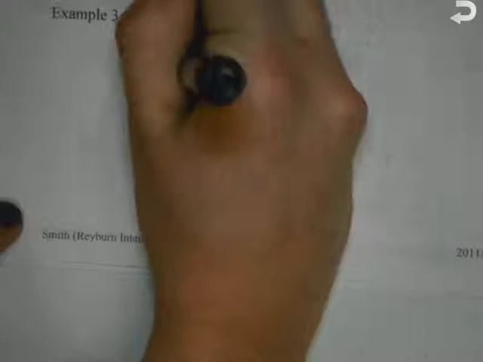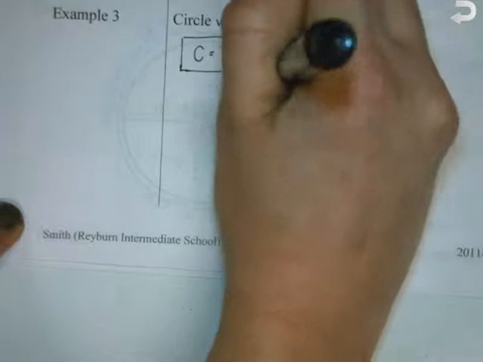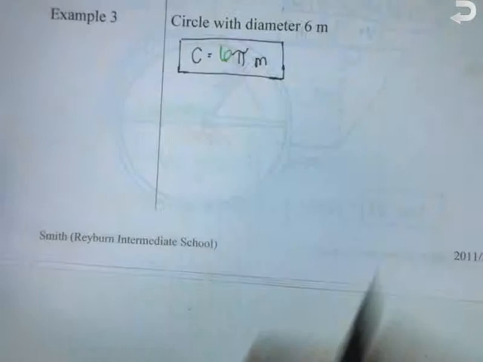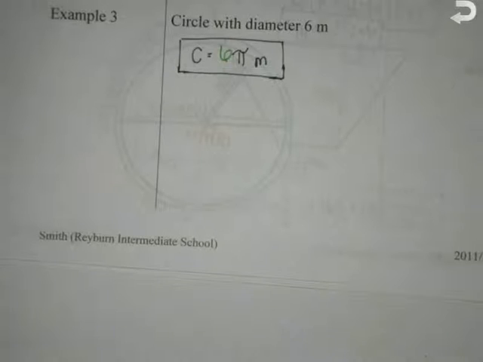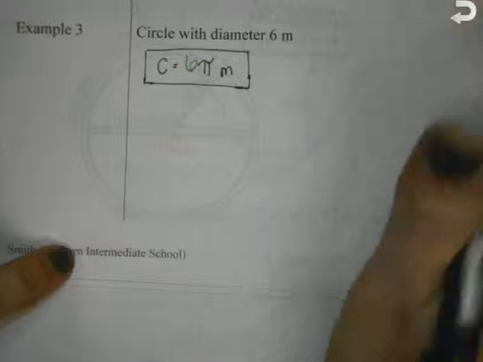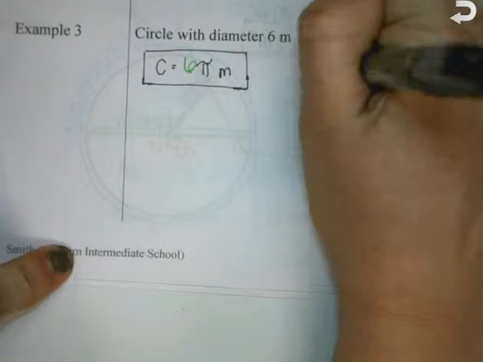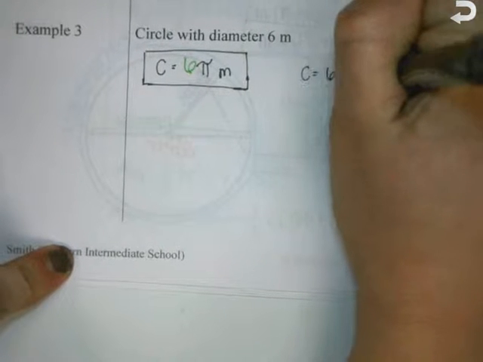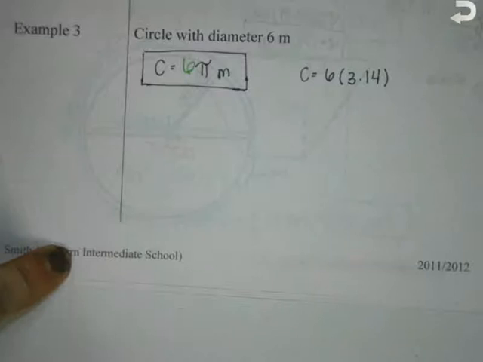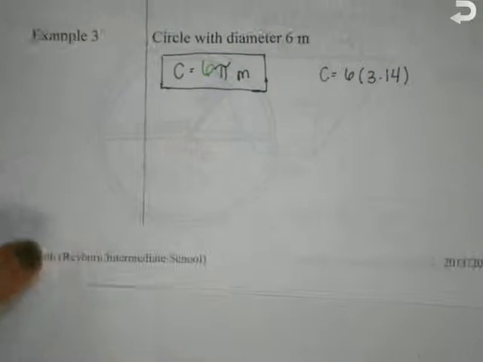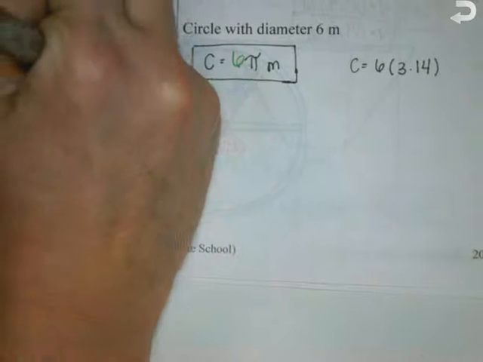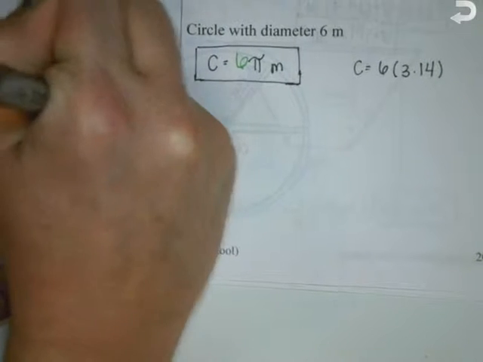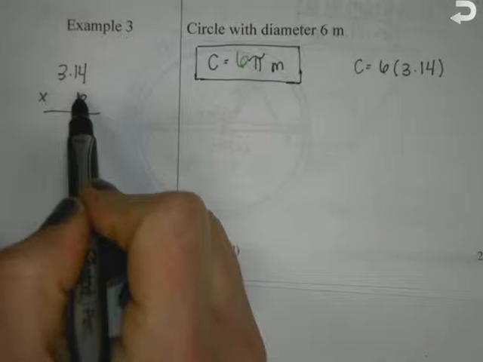And let's do that. 3.14 times 6. 6 times 4 gives me 24. 6 times 1 is 6, plus 2 is 8. And 6 times 3 gives me 18. Carry the decimal over 2 spaces. And I need to round to the nearest tenth.